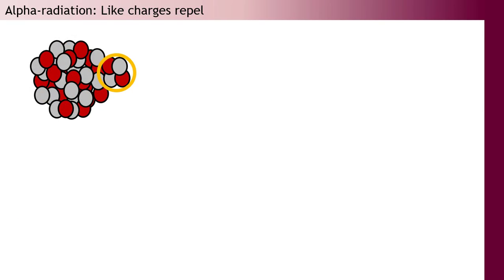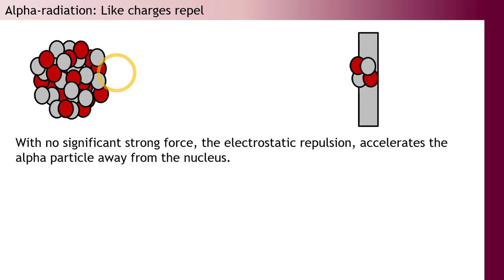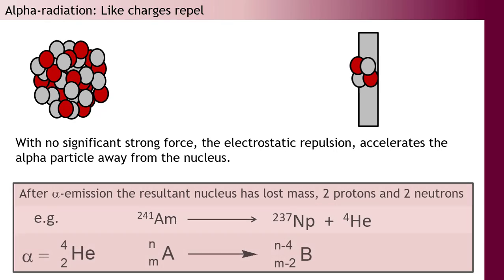The repulsion accelerates the two particles away from each other, although the shared momentum means that the light alpha particle will travel fast, while the heavier nucleus will have a much smaller recoil. The effect of taking away an alpha particle from a nucleus is that the neutron number drops by 2, and the proton number also drops by 2.